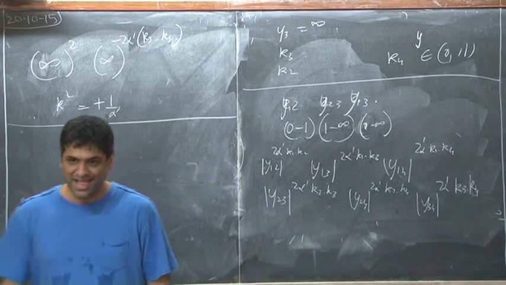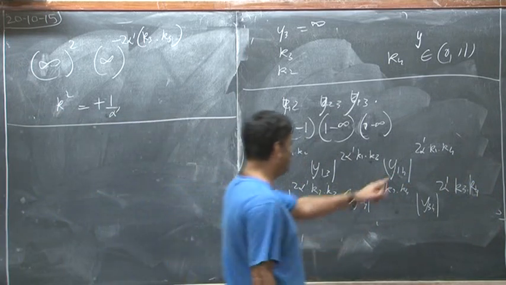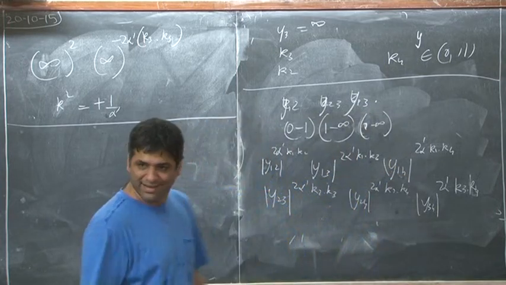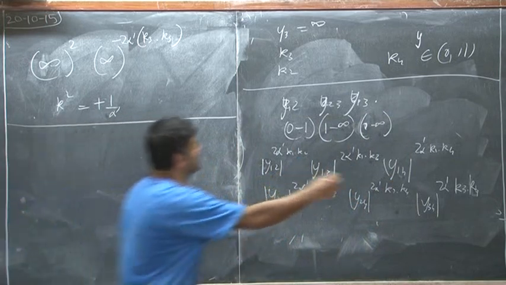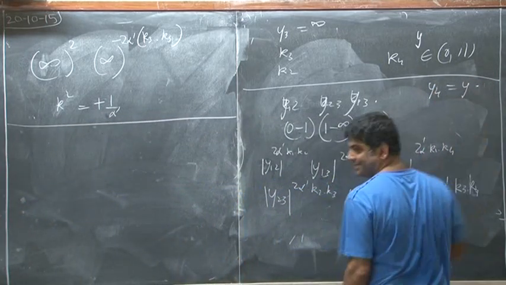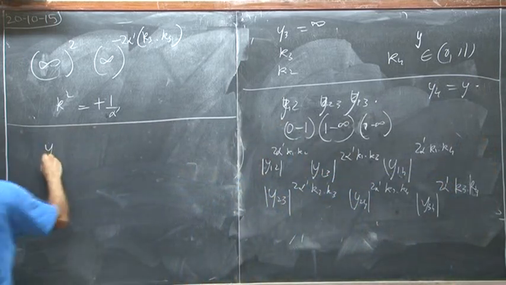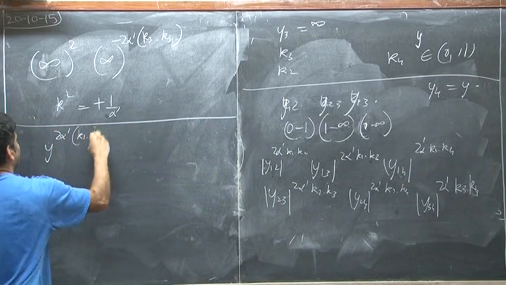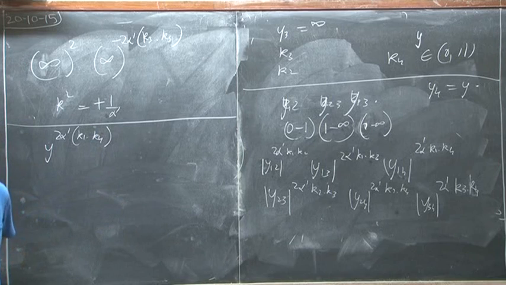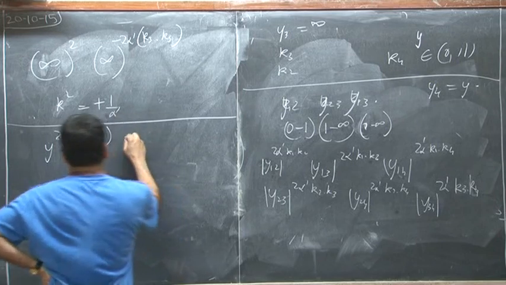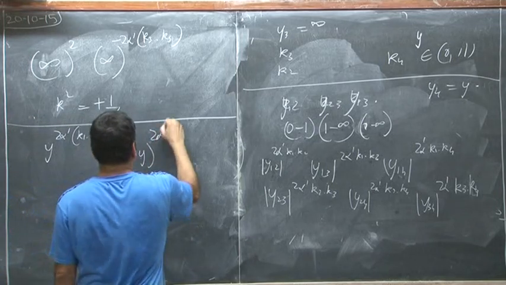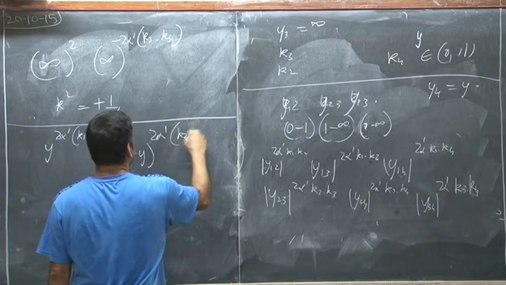Okay, so what was y14? y14 was 1 minus 4. Everything's mod, so it's 4 minus 1. So if we just say that y4 is equal to y, then we get y to the power 2 alpha prime k1 dot k4, and we get 1 minus y to the power 2 alpha prime k2 dot k4.